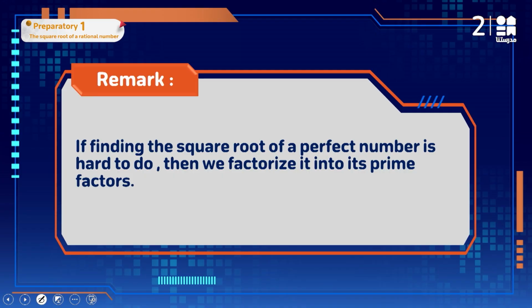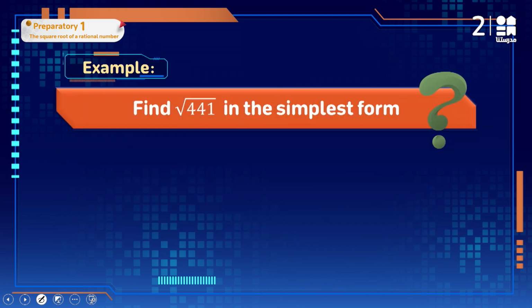Now we have a remark. If finding the square root of a perfect number is hard to do, then we factorize it into its prime factors. Let me remind you what the prime number means. A prime number has only 2 factors, 1 and itself.